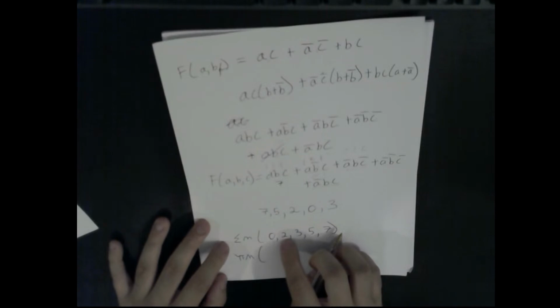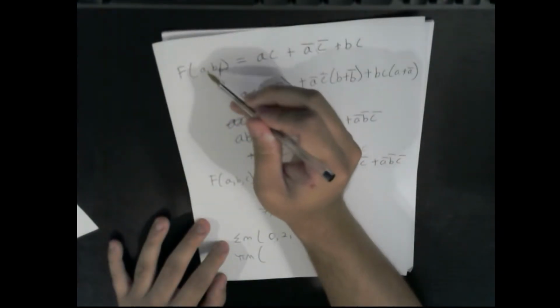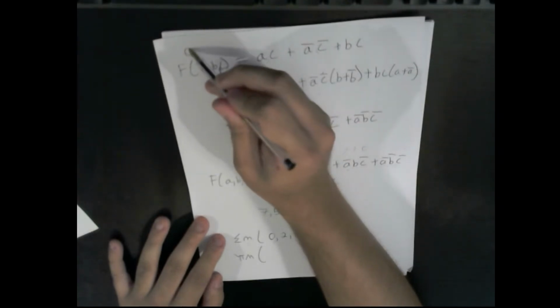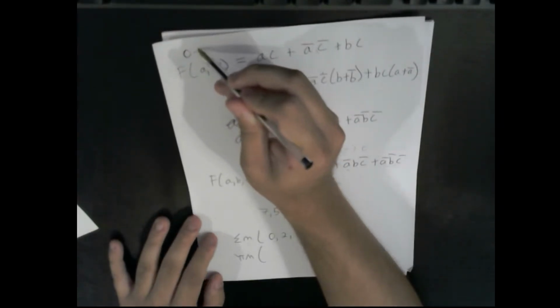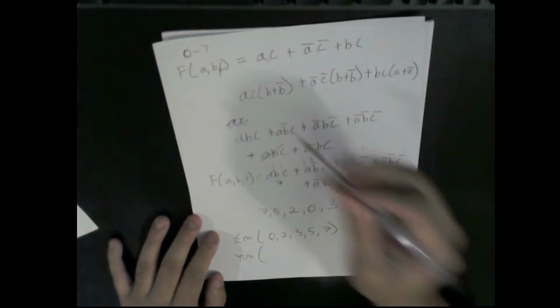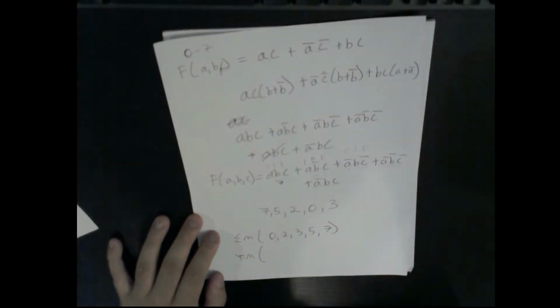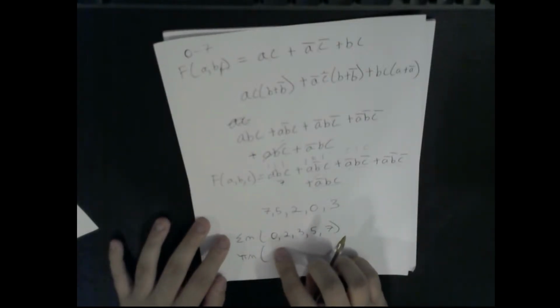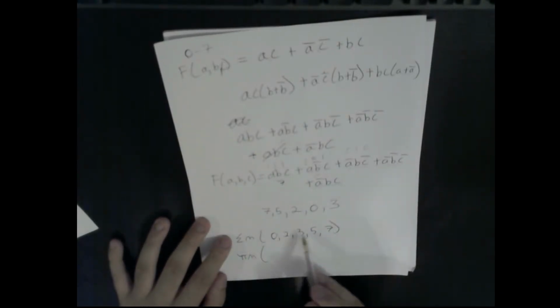We have a three input equation, so the terms are going to go from 0 to 7. My max terms are going to be everything that's not a minterm.